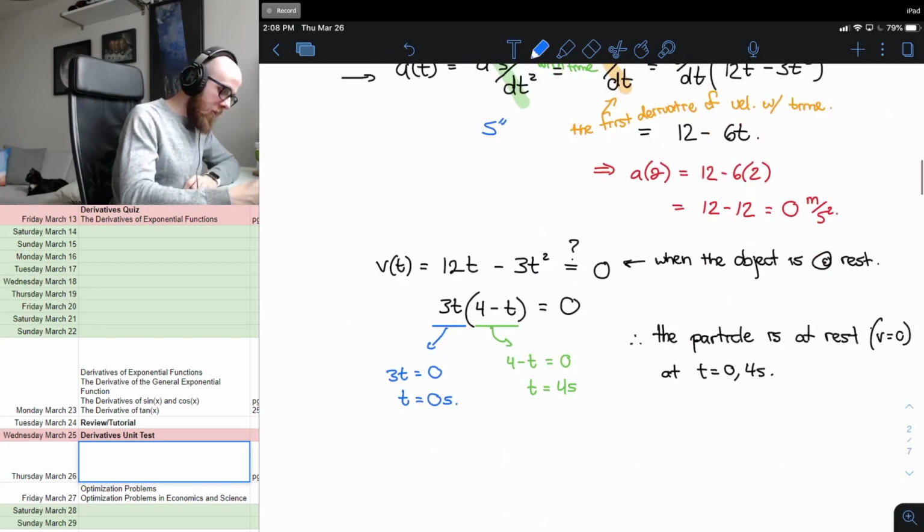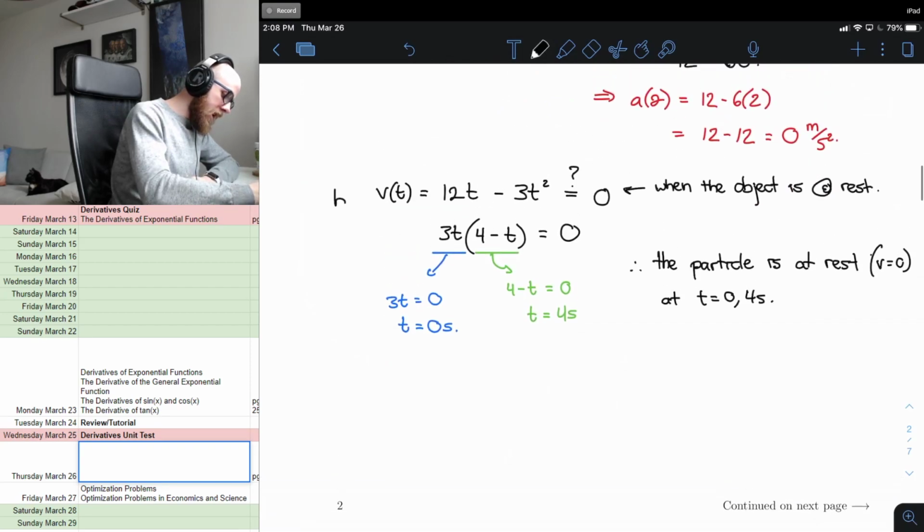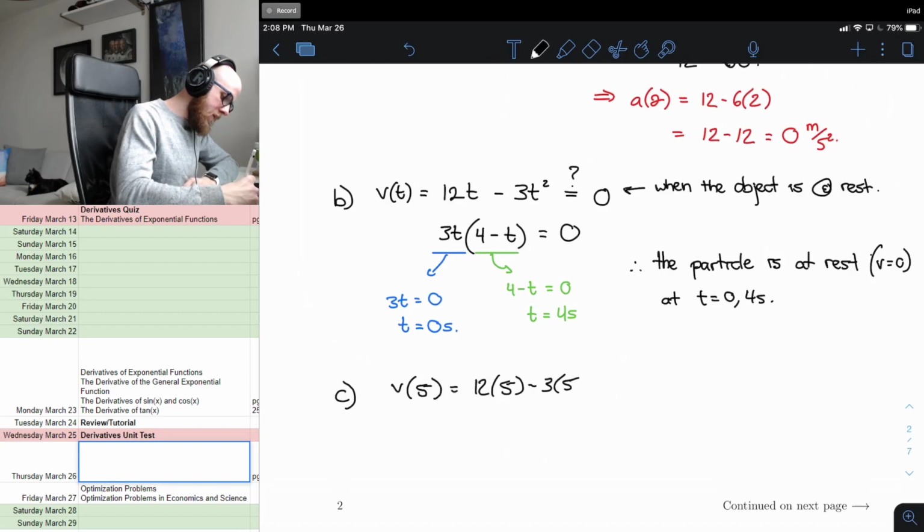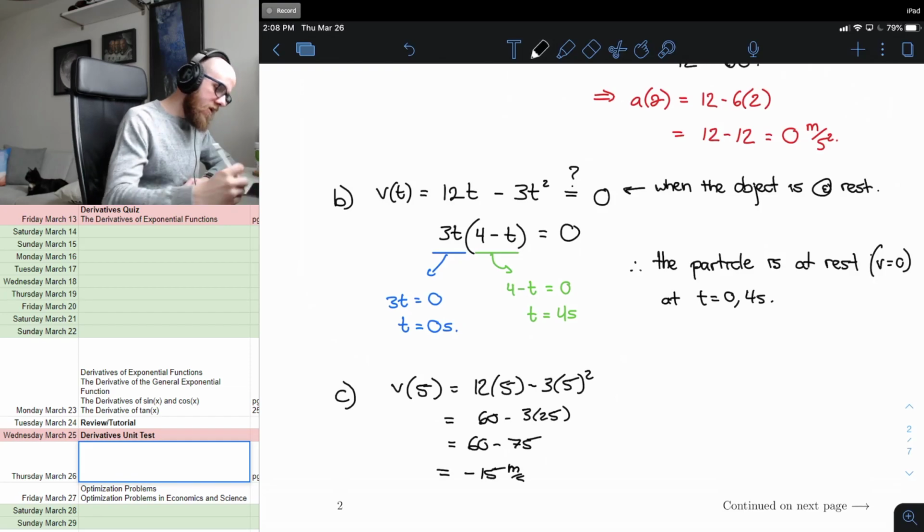So again, I'm looking at my velocity function, and I'm interested in what's happening at t is equal to 5. So v at 5 is equal to 12 times 5 minus 3 times 5 squared. So that's 60 minus 3 times 25. So 60 minus 75. So it's negative 15 meters per second.